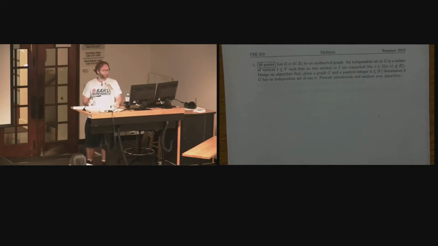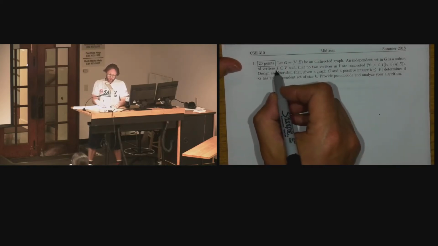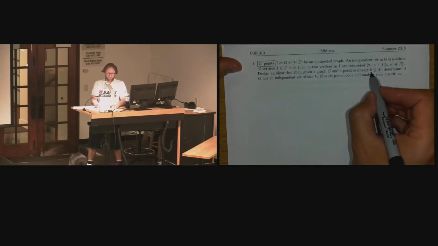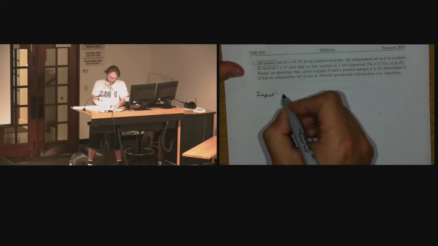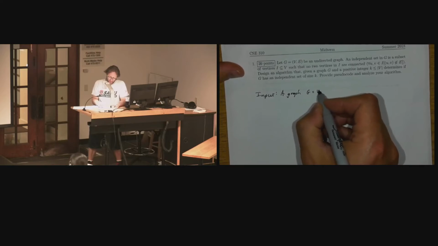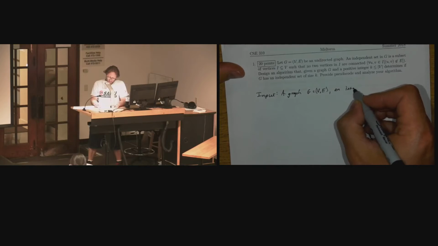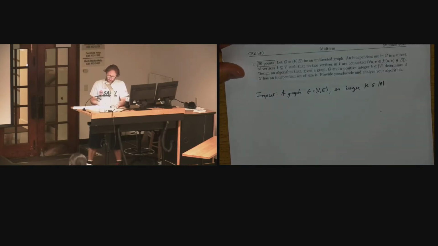So I'm going to go ahead and write the pseudocode, and you can exploit pseudocode to generate combinatorial objects. The combinatorial objects that we're going to want to generate are subsets of size k. Clearly label your input first. Our input is going to be a graph, G equals (V, E), and an integer k, less than or equal to the size of the vertex set.